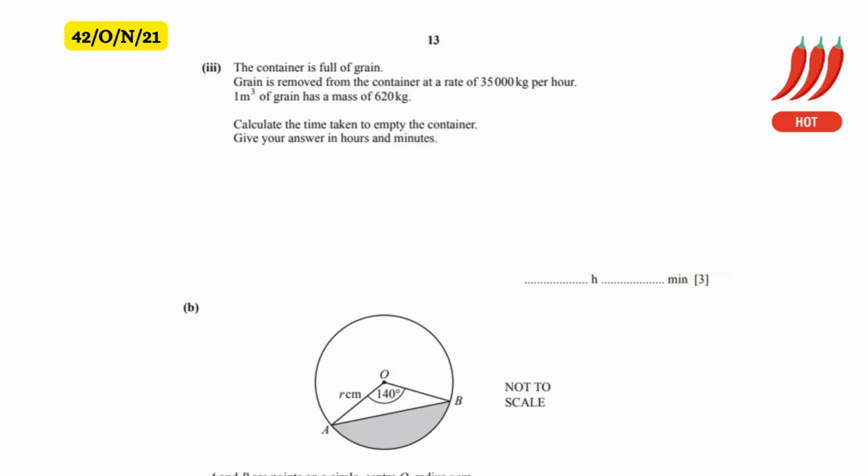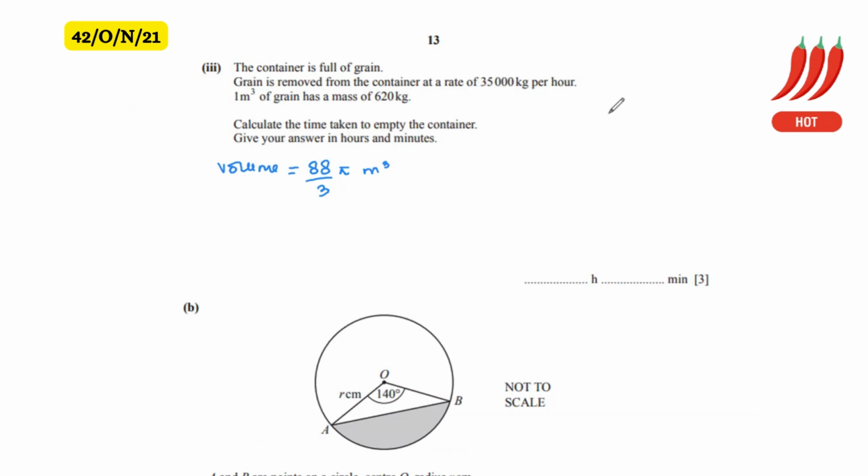So we know the entire volume of the solid, which is 88 over 3 pi meters cubed. They said that 1 meter cubed of grain has a mass of 620 kgs. So the container removes the grains at the rate of 35,000 kgs per hour.